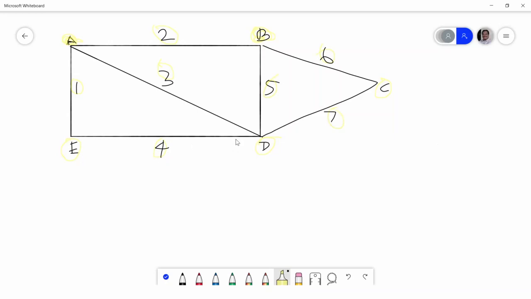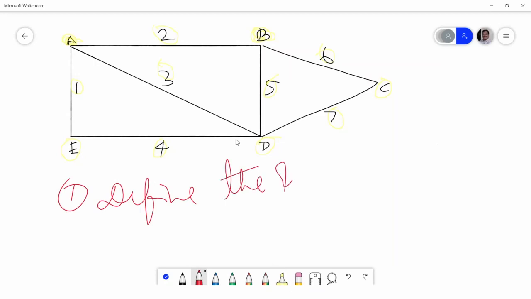Whenever you are writing a path matrix, the first point that you should note is you should define the specific path.